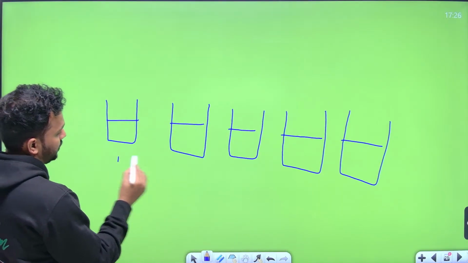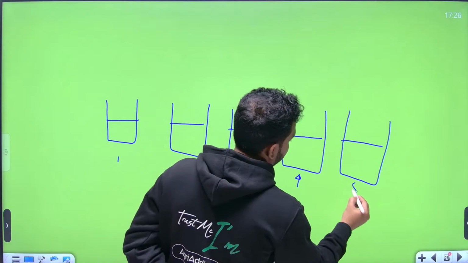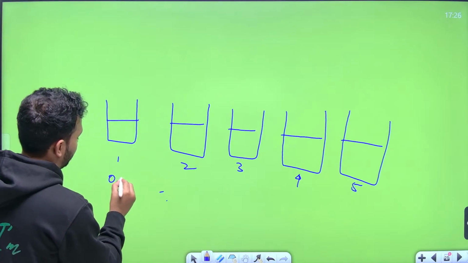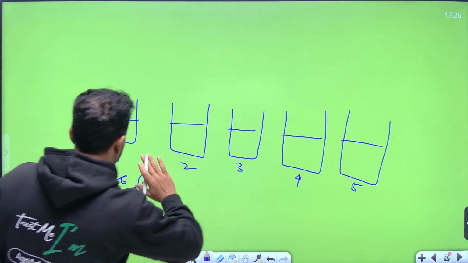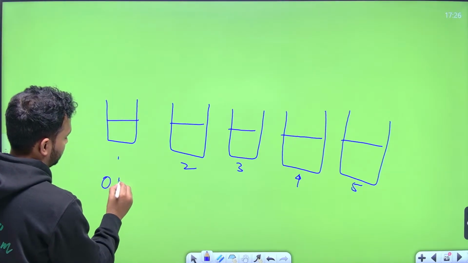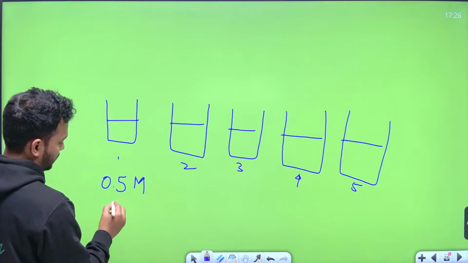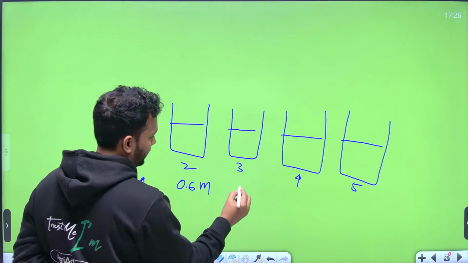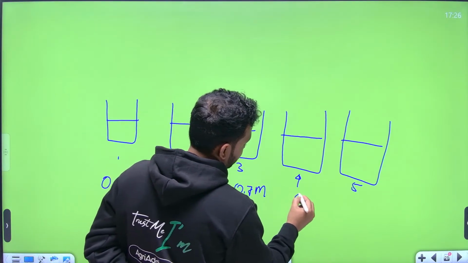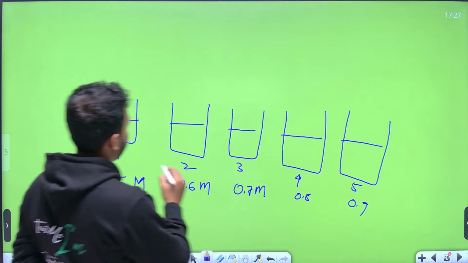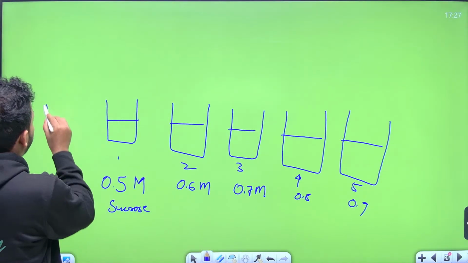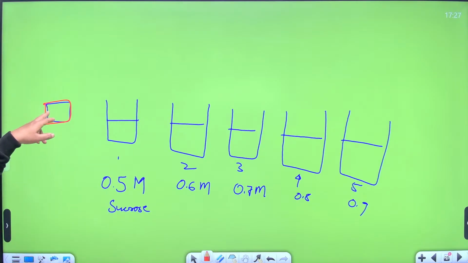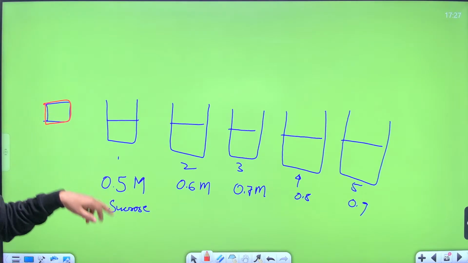Suppose it is 1, 2, 3, 4, 5: five containers. Here it is 0.5 molar sucrose, 0.6 M, 0.7 M, 0.8, 0.9. Okay, this is the solute concentration. We have a cell, and we need to find the solute concentration in it.